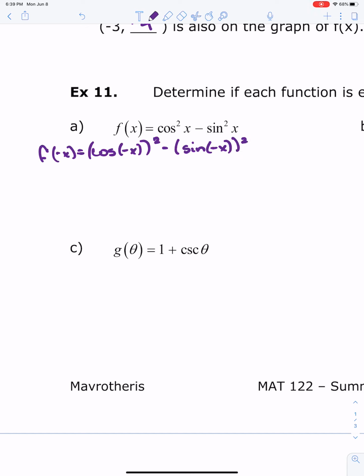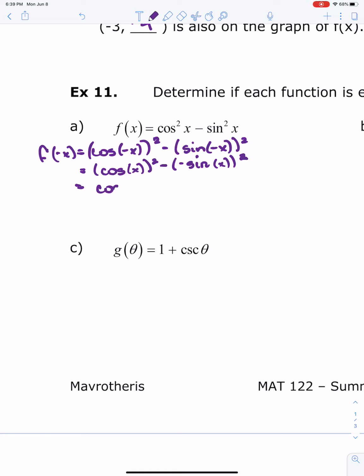Cosine we know is an even function, so the cosine of negative x is the same as the cosine of x. Still have to square that. We know that sine is an odd function, so when we plug in negative x, we get the opposite of the output. We're squaring these.